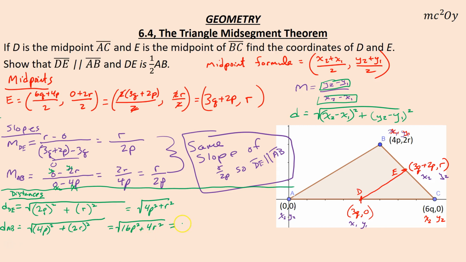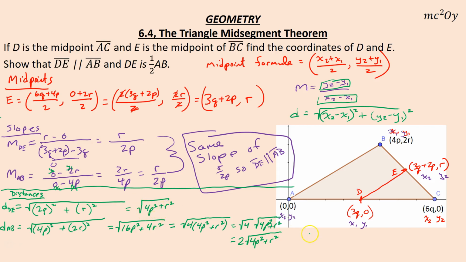I could take a 4 out of each of those. Okay, so that gives me the root of 4 times 4p squared plus r squared. Okay, and then I can break those two things apart. So that's root 4 by root 4p squared plus r squared. Okay, well, root of 4 is 2. So that's 2 times root 4p squared plus r squared. So I have 2 of these roots. That's AB. And notice DE is one of those roots.